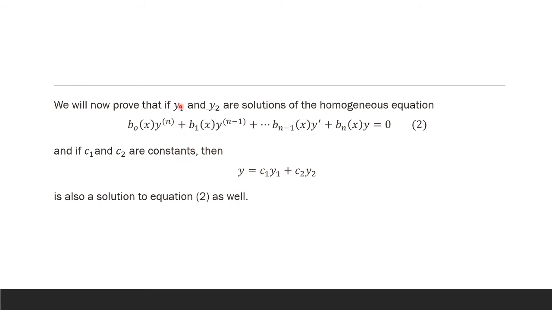So, ang sabi dito, class, kung si y sub 1 ay solution dito at si y sub 2 ay solution din dito, then the combination of y sub 1 and y sub 2 multiplied to respective constants, c sub 1 and c sub 2, ay isa ring solusyon sa equation na to. Meaning, this combination of y sub 1 and y sub 2 multiplied to their constants will also be a solution to this equation. So, yun yung gusto nating patunayan dito.